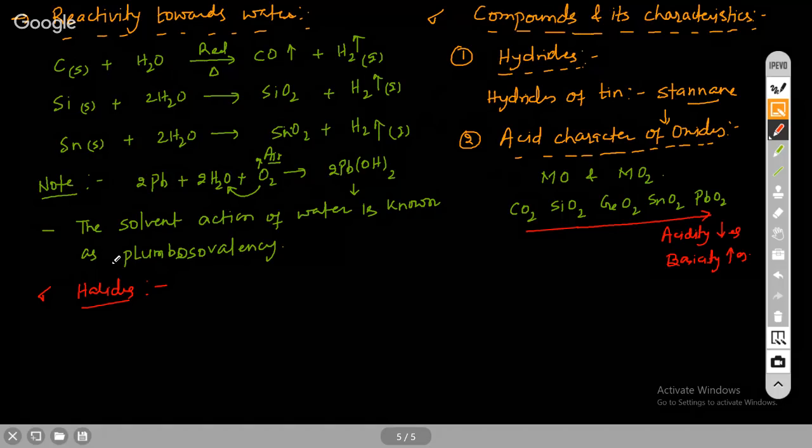It is not completely acidic or completely basic. Among simple tetrahalides, the tetrafluorides of carbon, silicon, and germanium are gases, existing in gaseous form.